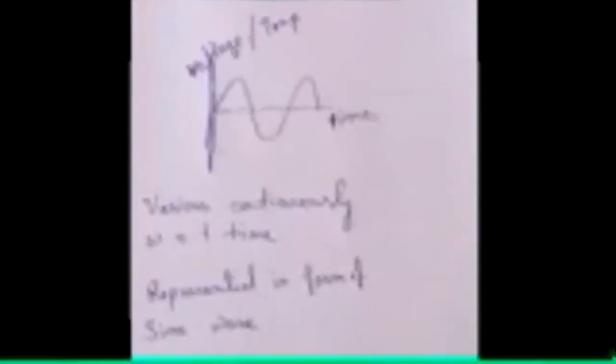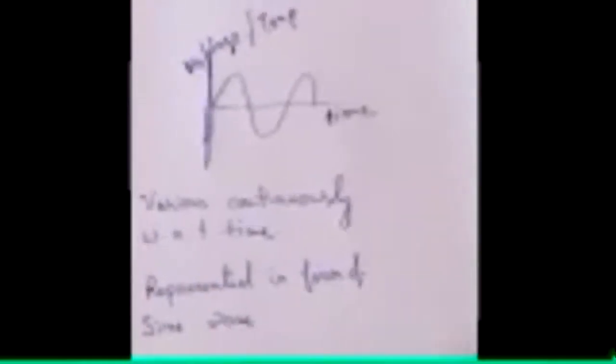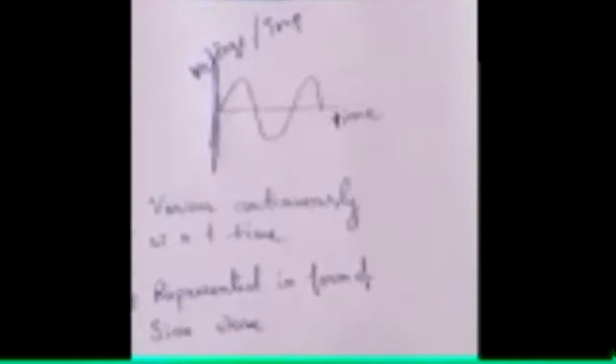Suppose this is the graph, the x axis is time, and the y axis is voltage or temperature, anything. This is just an example for your convenience to understand this concept clearly.